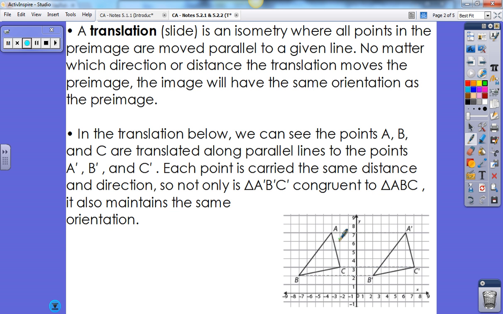One thing to note about the notation here: ABC is the pre-image. It's before I move it, and then I have A prime B prime C prime over here, and that A prime just means that now it's the image, where it is after I move it. So the pre-image is before I move it, the image is after I move it.